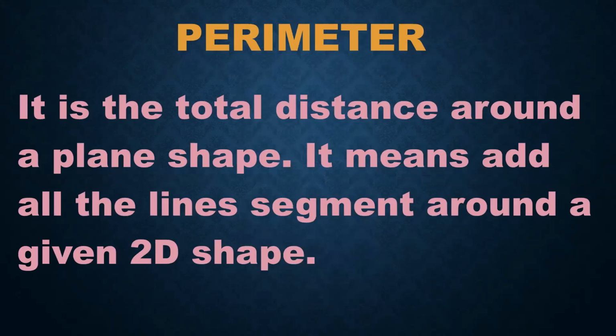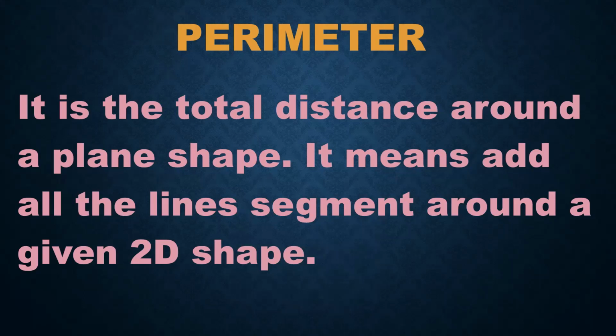When you talk about the perimeter, it is the total distance around a plane shape. It means add all the line segments around a given 2D shape. When you talk about a 2D shape, we mean a shape with length and breadth.